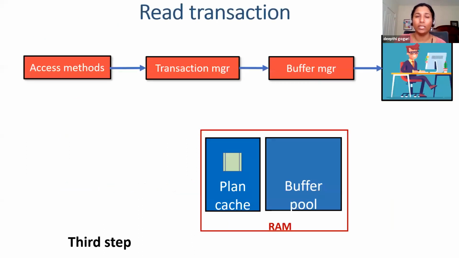Now, our query is at the storage engine component. Let's talk about the read transaction first, like what happens. As our query is at the third step of the storage engine, no matter what kind of query we are sending, read or write transaction, the query should definitely pass through the first step of the relational engine and the second step and come to the third step.